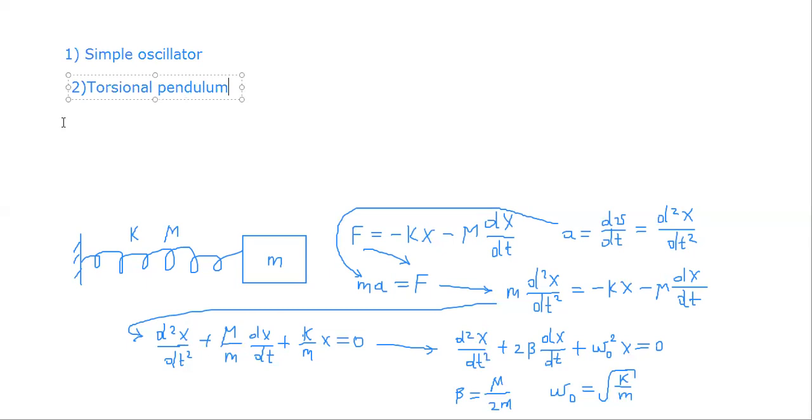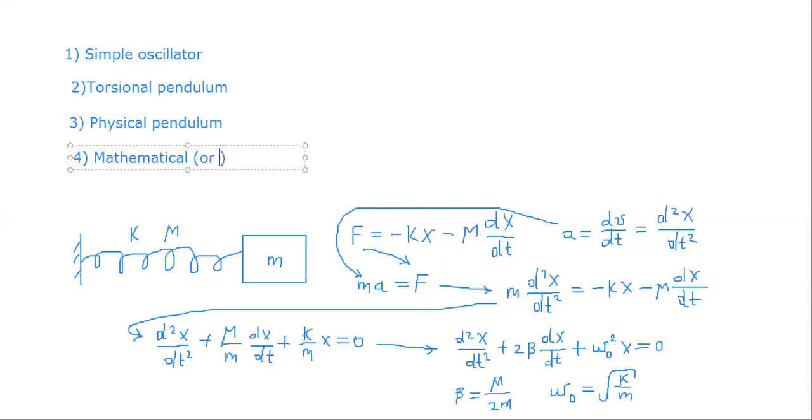And the third is the physical pendulum, and the fourth is the mathematical or simple pendulum.